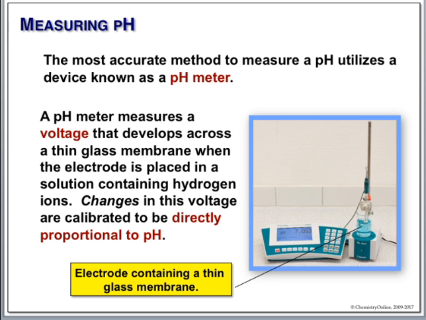The potential is read by a millivoltmeter, and that's interpreted in terms of the pH. The real problem here is this microscopic glass membrane breaks. Why? Because it's microscopic. Why else? Because you're really clumsy. The problem is they cost $100 to $200 each. So you shove it in your little beaker, break it, a couple $100 down the drain. So you're probably not going to use a classic pH meter at this level.